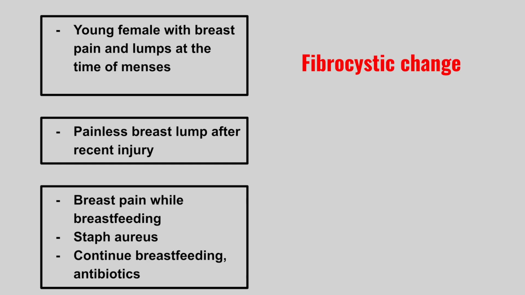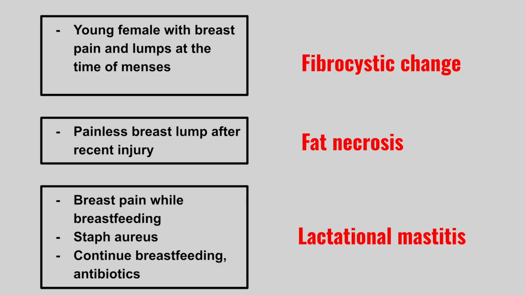This is fibrocystic change. Next, we have a painless breast lump after recent injury. This is fat necrosis. Then we have breast pain while breastfeeding due to Staph aureus infection. And to manage this, we continue breastfeeding and give antibiotics. This is lactational mastitis.